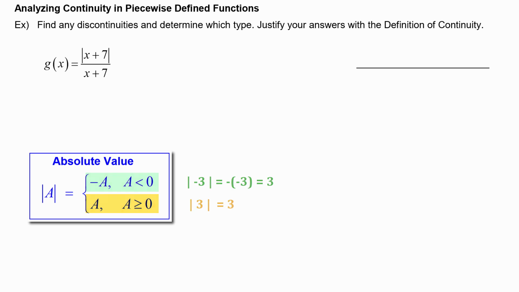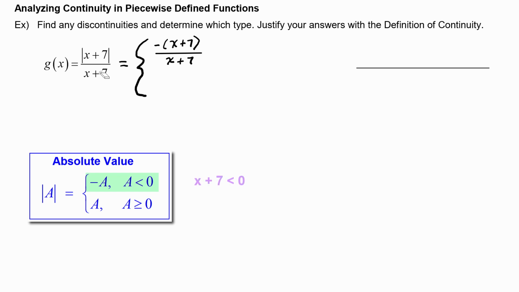So then our g of x is going to have to be written as a piecewise defined function, and it's going to be the opposite of x plus 7 over x plus 7 whenever x plus 7 is less than 0, and that will happen when x is less than negative 7.